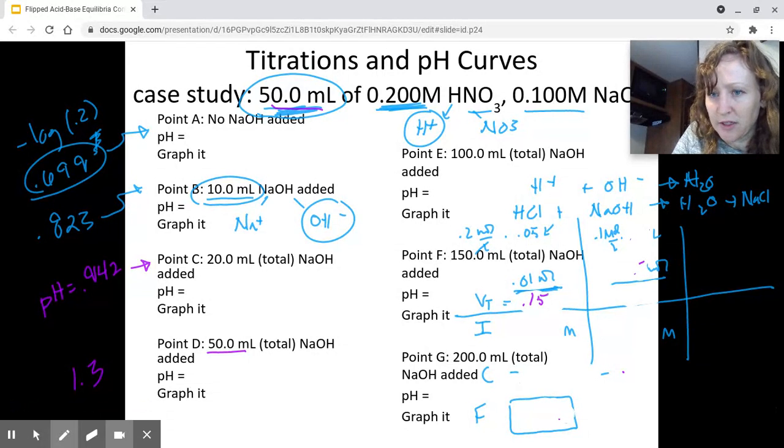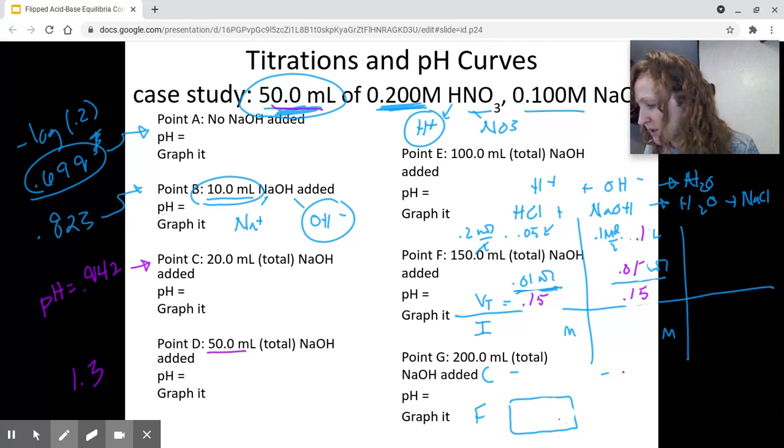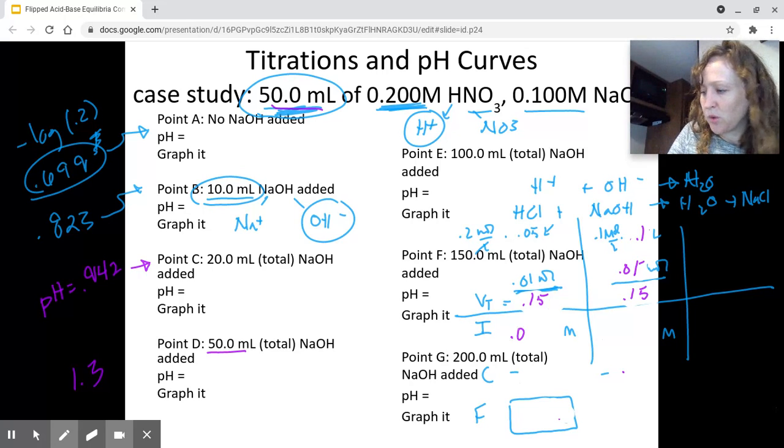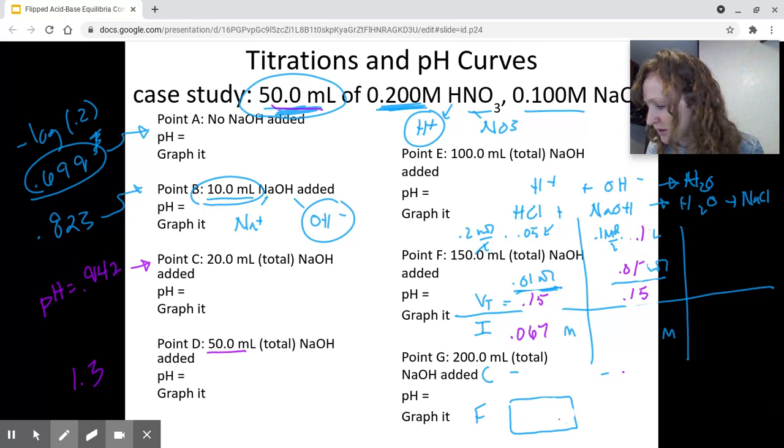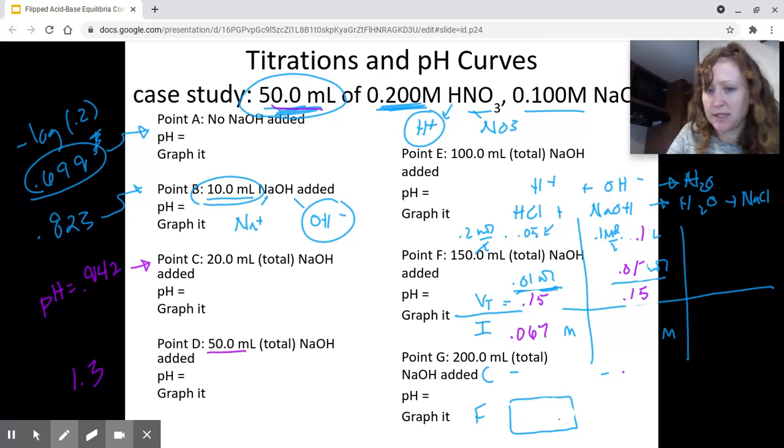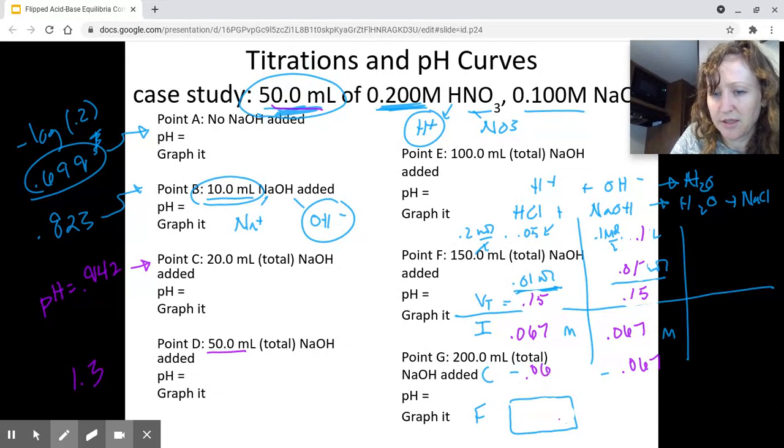So I've added 0.1, so it's going to be 0.01 divided by 0.15, which is 0.067. And it's the same, 0.067. So my change is 0.067, 0.067.